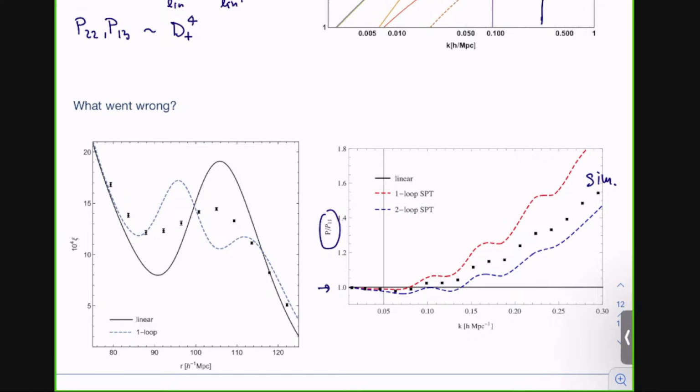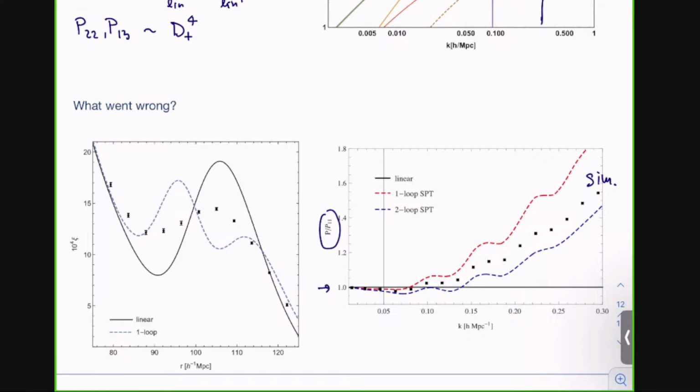And then what is shown here is what happens when you add to the linear theory this one-loop standard perturbation theory power spectrum that we just computed, which is the sum of P22 and P13 contributions. Here, of course, you don't see much of a difference compared to the linear theory because nonlinear effects are small. But as you go to smaller scales, you see that this contribution doesn't fit the data.